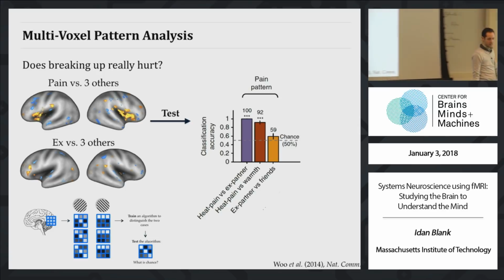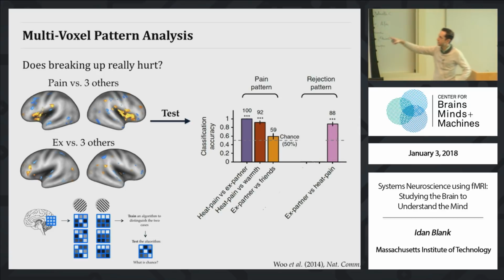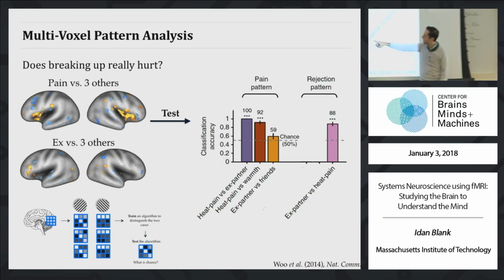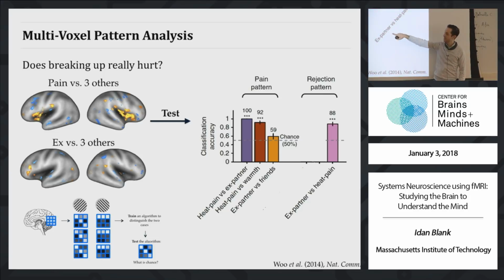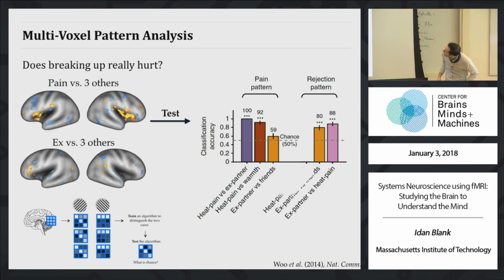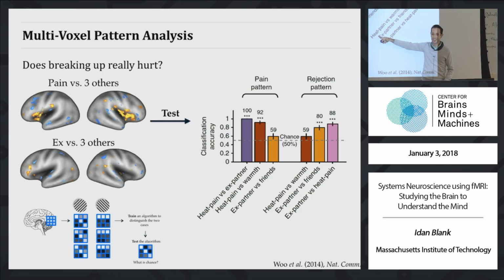And then they did the opposite thing. They looked at the regions that could classify ex-partner versus everything else, and they asked, can I tell apart ex-partner from pain? I can. Can I tell apart ex-partner from friends? Yes. Critically, can I tell apart pain from warmth? In those social regions, can I tell apart the physical pain?